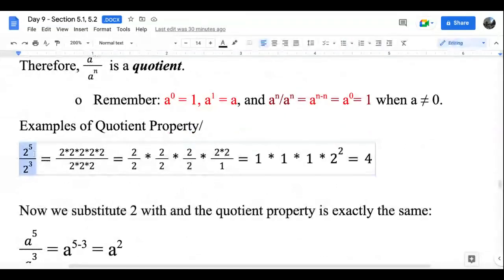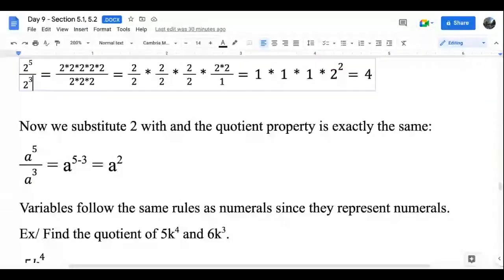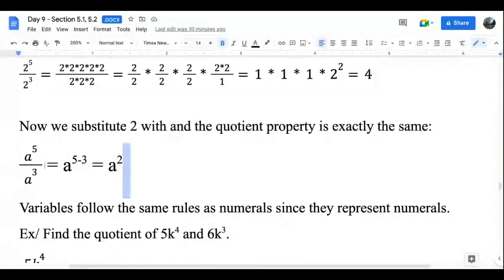So let's say 2 raised to 5 divided by 2 raised to 3. We could just go 2 raised to 5 minus 3. a to the 5th power divided by a to the 3 equals a to the 5 minus 3, which is a squared.